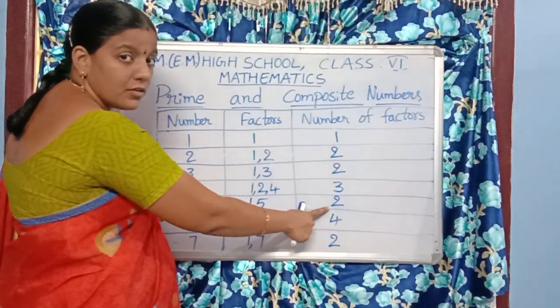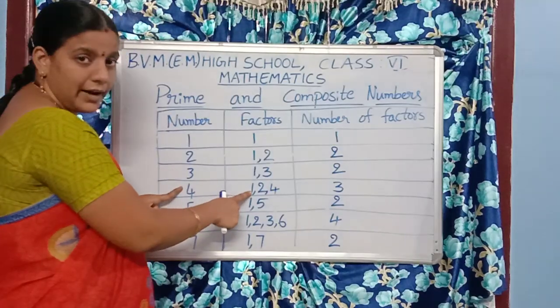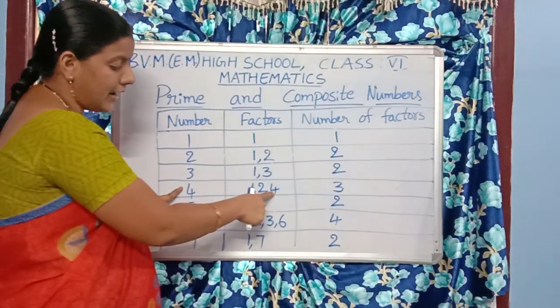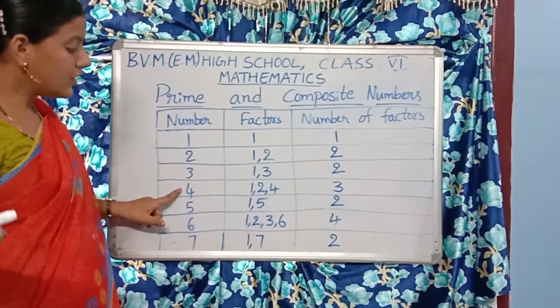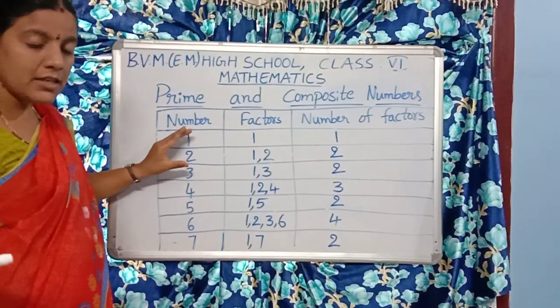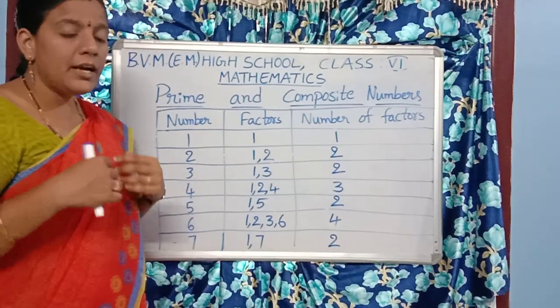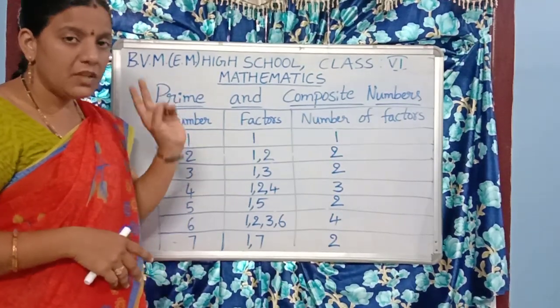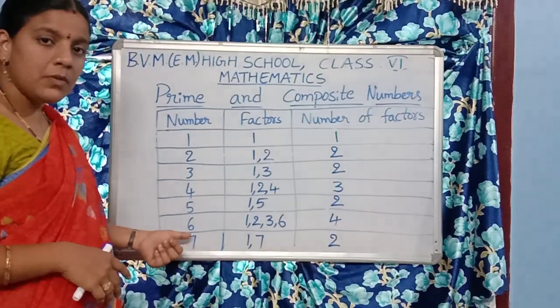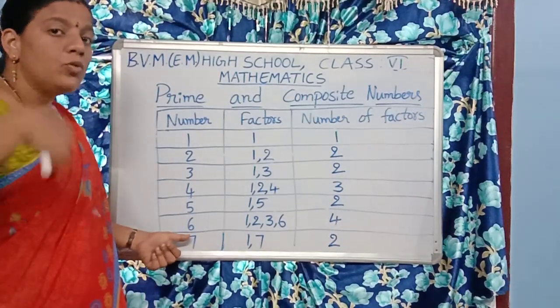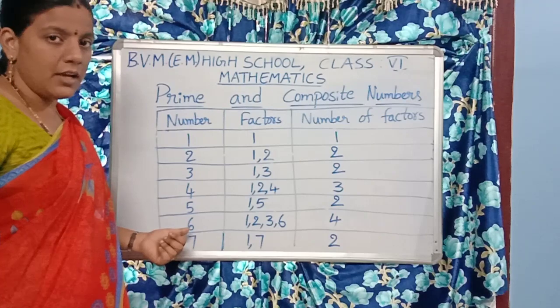For 4, the factor 1 and the factor itself, and another factor is also there. For some numbers, the factors are 1 and itself, which means only 2 factors. And for some numbers, there are more factors.